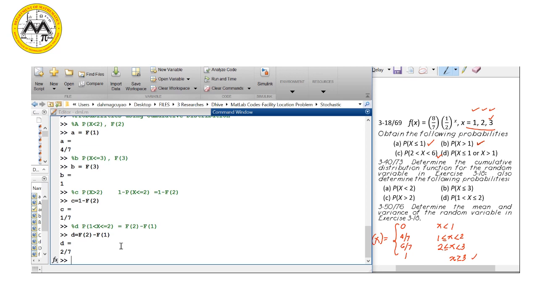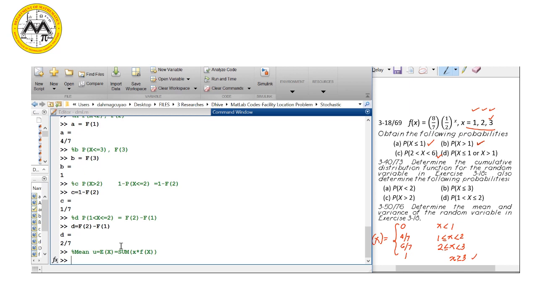Now, let's have the mean and the variance. So the mean is mu equal to the expected value of x, which is the sum of x times f of x. To compute the mean, we take the sum of the products of x and f of x.